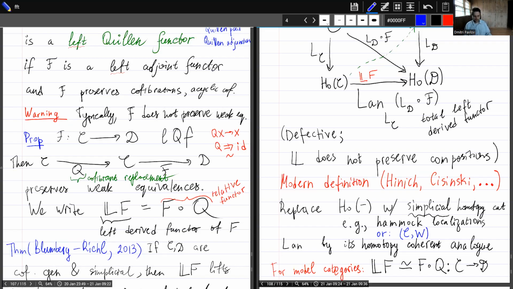So as one of the many equivalent models for infinity-one categories, we have the relative categories. In the language of relative categories, the notion of a simplicial homotopy category, or a more modern name, the homotopy infinity-one category, is a tautological construction.